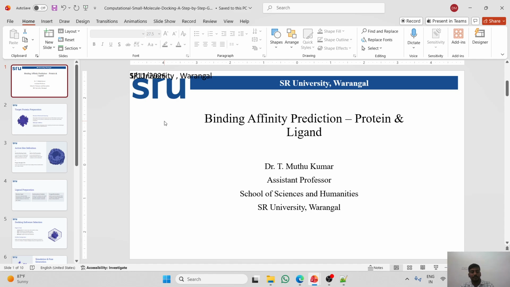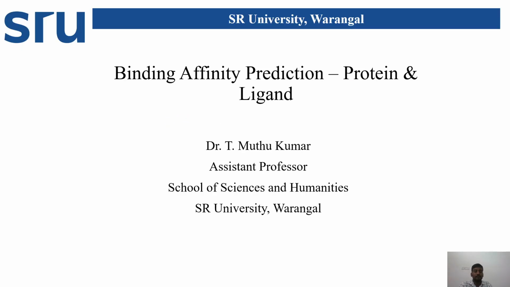I hope you have understood some of the basic terms of binding affinity prediction, what the software tools are, how to perform the binding affinity calculation, and how to interpret the results. Everything we have seen in today's video. We'll be seeing the next topic in the next video.